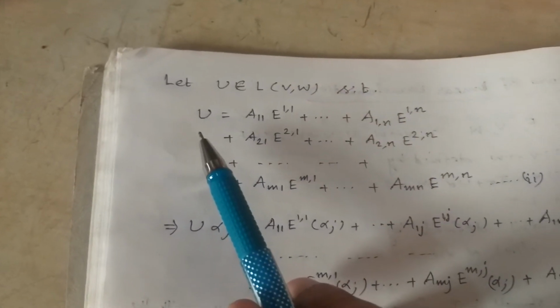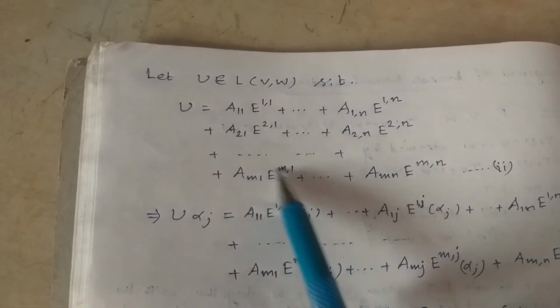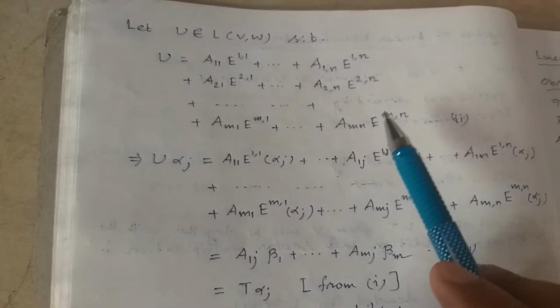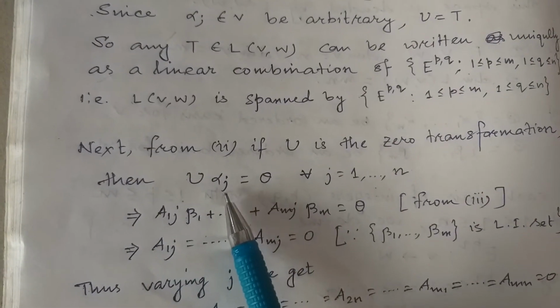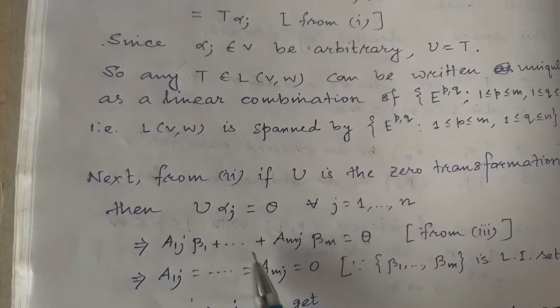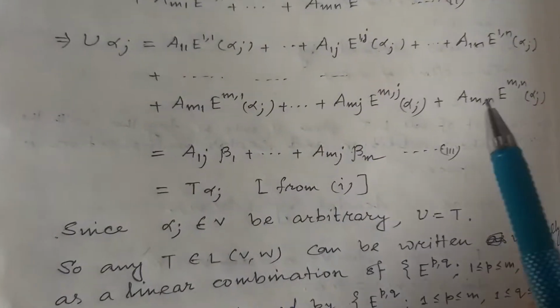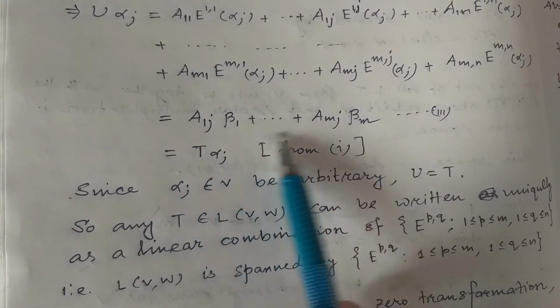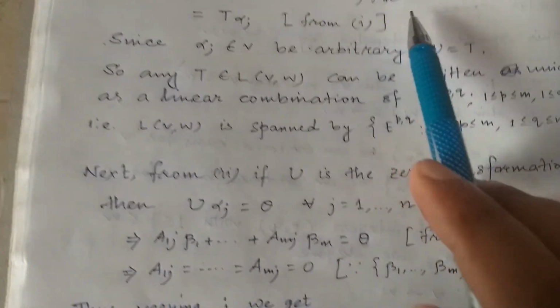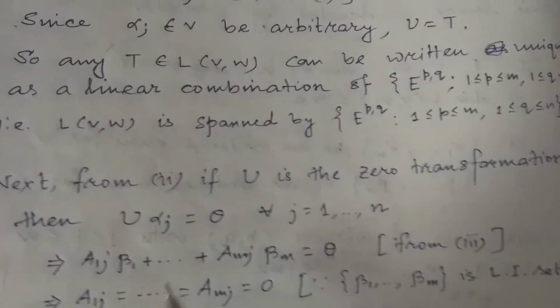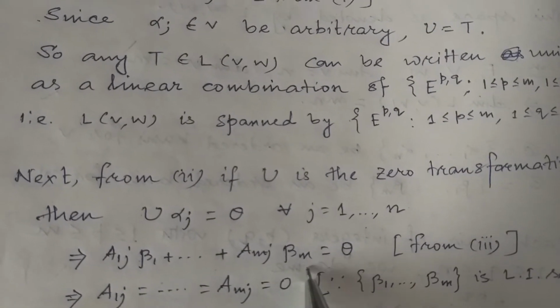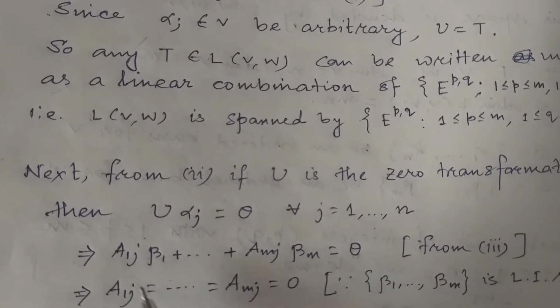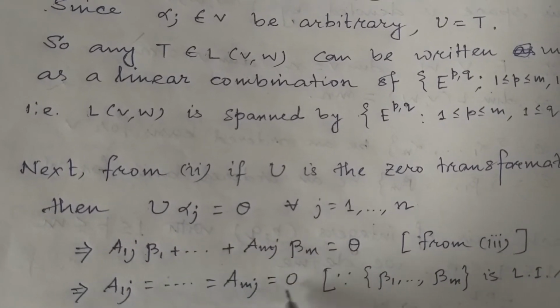For this, suppose U is the null vector. So U is the null vector means this side equals theta, or U(alpha j) equals theta. Now from 3 we get U(alpha j) equals this equals theta. Now beta 1, ..., beta m, these form a linearly independent set. So definitely a1j, ..., amj are 0.